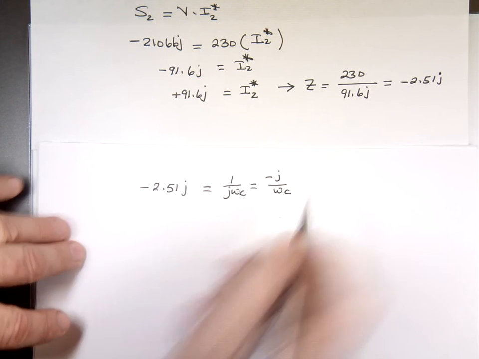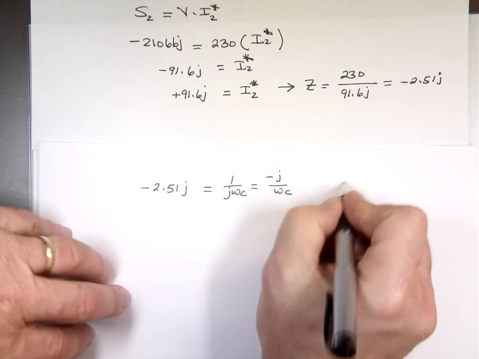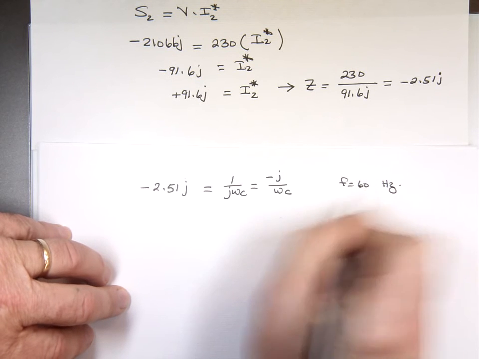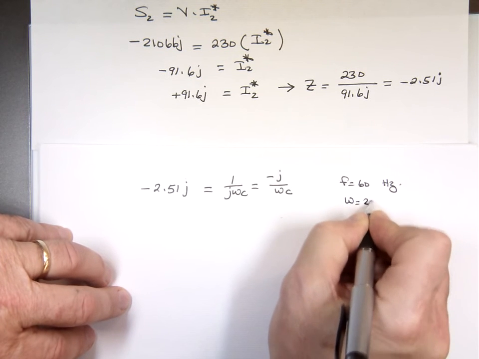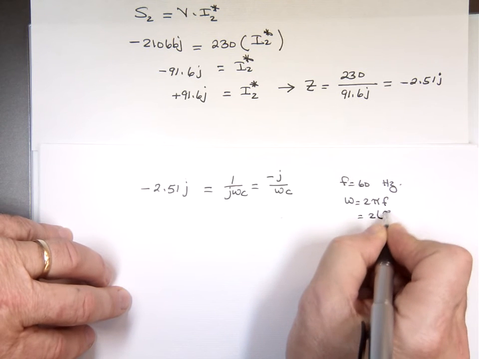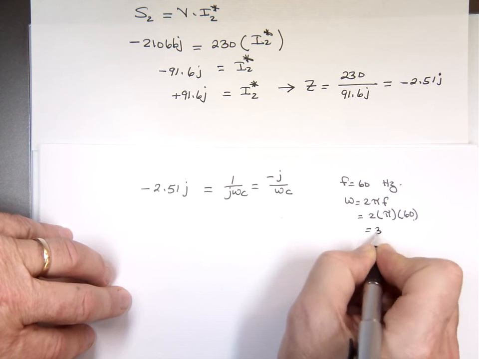Let's assume we were using an outlet in the USA. If you're using an outlet in the USA, what's your frequency? 60 hertz. So what's omega? 2 pi F. 2 times pi, F is 60, you end up with what? 377.